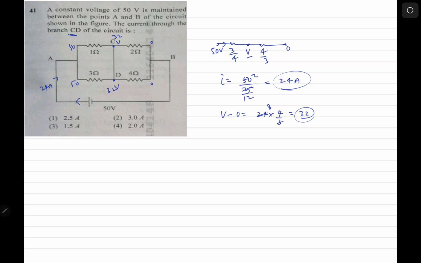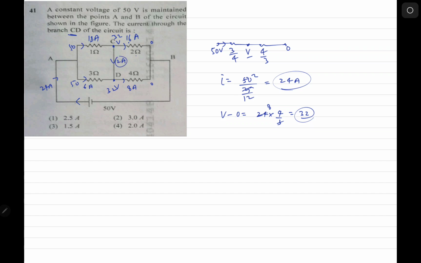Now we can find the current. Current in this 1 ohm, 50 minus 32, 18 ampere in this one, remaining 6 ampere in this one. Now 32 minus 0 by 2, 16 here and then 8 here. So you can see here 18 becomes 16, that means 2 ampere went in this direction.